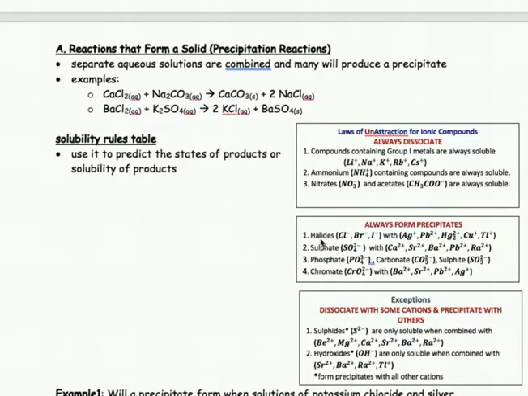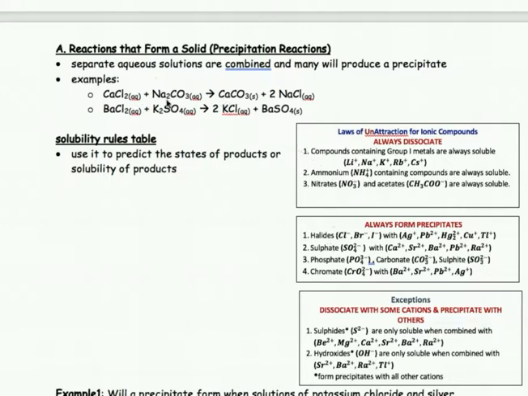Okay, so this is called the solubility rules table. So I just put some spaces in between the boxes, but it'll be all one big box. When you're reading these boxes, I want you to look at the first box first. Okay, don't forget about the first box. So as we go through, you're going to be going through these little points, checking them off, and then deciding if it's going to become a solid or not.